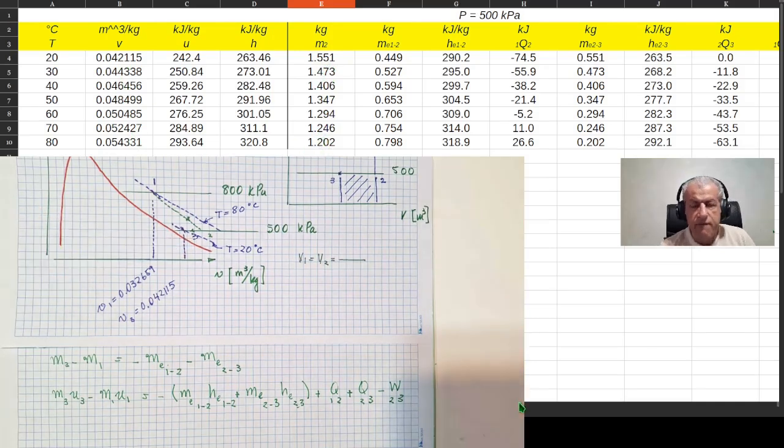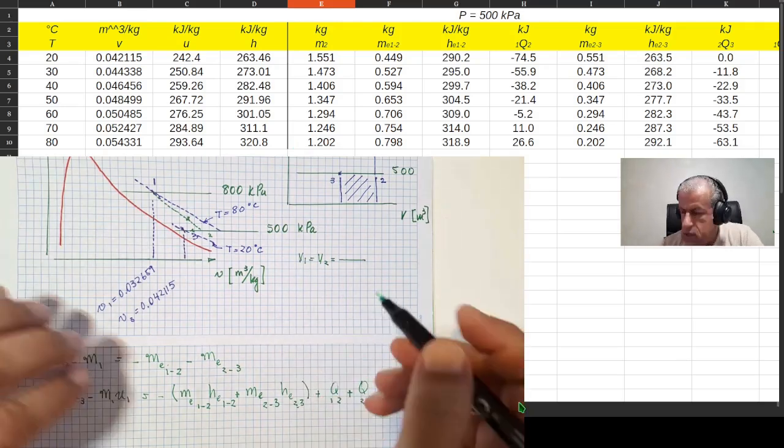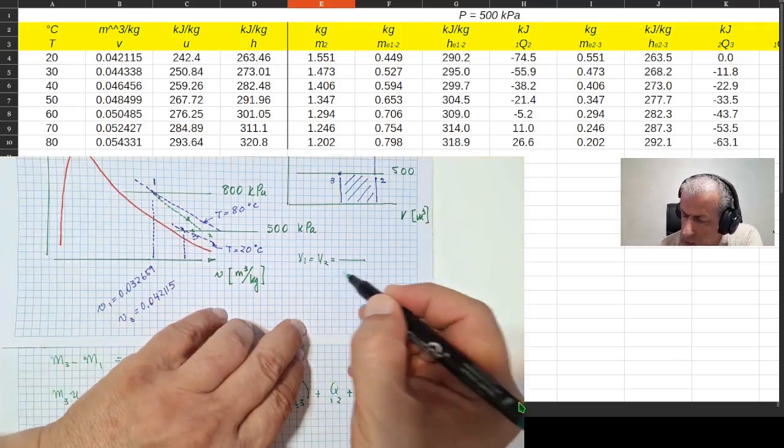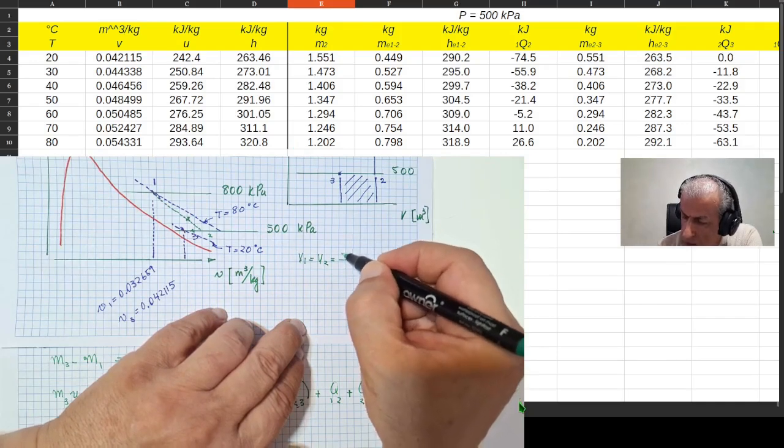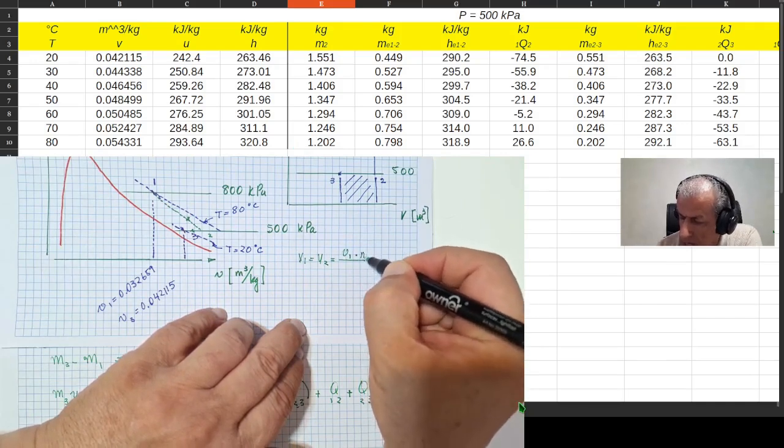You see, we have volumes V1 equals V2, and that equals v1 times m1.